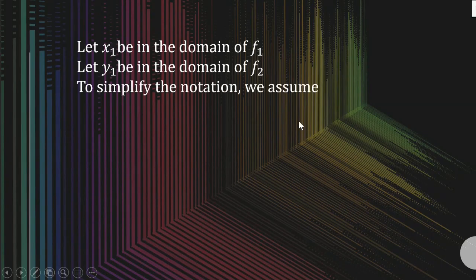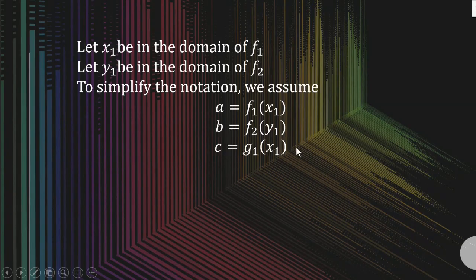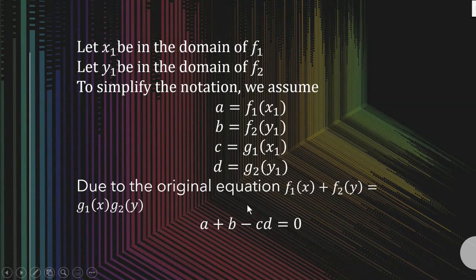To simplify the notation, we're going to use the letter a to represent f sub 1 of x1, the letter b to represent f2 of y1, the letter c to represent g sub 1 of x sub 1, and the letter d to represent g sub 2 of y sub 1. Now, due to the original equation, if you replace the x by x1 and you replace the y by y1, we obtain this equation for the numbers a, b, c, and d. It means that a plus b minus cd is equal to 0.